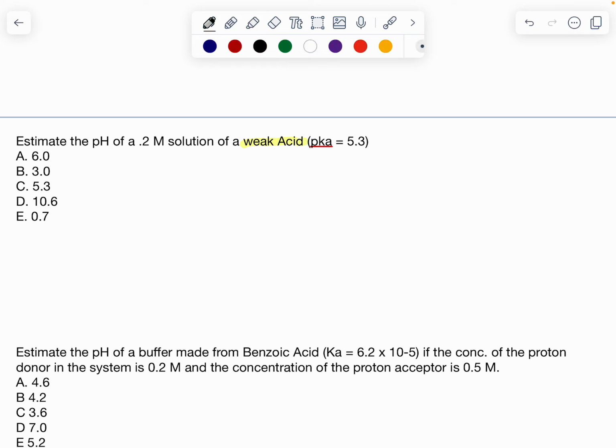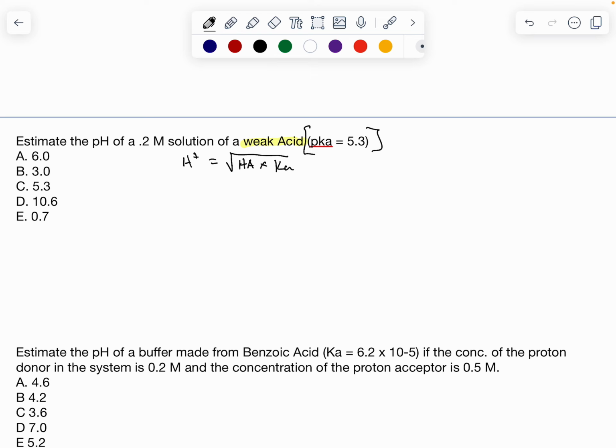And if we remember, our main equation we're going to be using for weak acid is hydrogen concentration is equal to the square root of HA times Ka. And as you guys can see right here, that little scenario I talked to you about with a pKa, we're like, oh crap, he gave us a pKa instead of a Ka. So let's figure it out. To begin, we want to convert that pKa into a Ka to fit our equation.